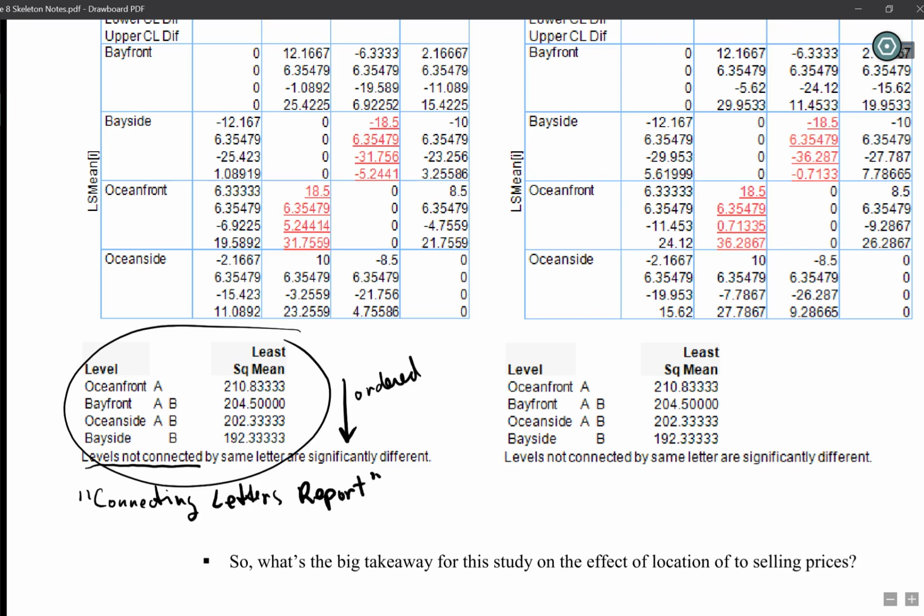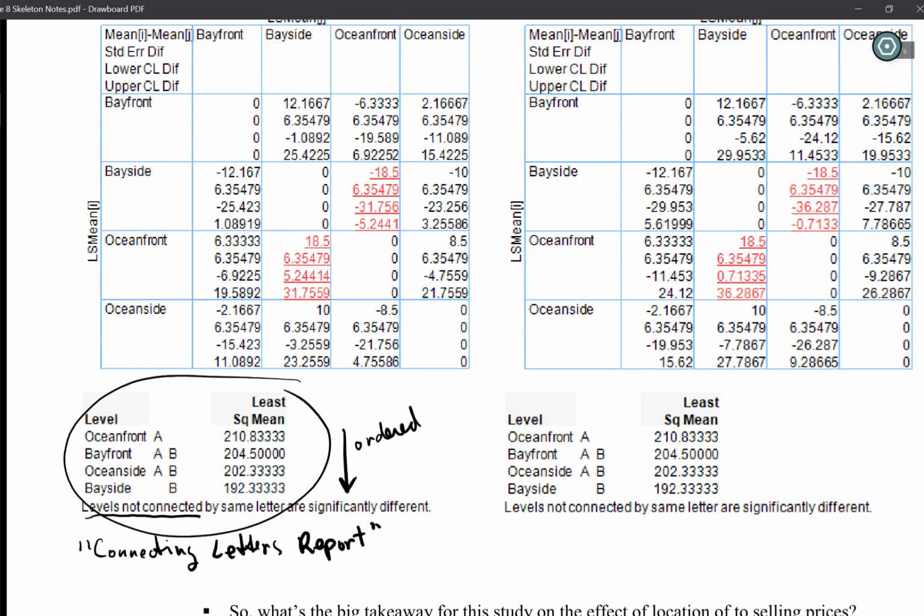We would also not have significant evidence to conclude that oceanfront is different than oceanside. They're all connected by the same letter. But oceanfront and bayside are not connected by the same letter, and so that would indicate that there's a statistical difference between the average oceanfront selling price and the bayside selling price. Okay, this is reading Fisher's LSD.